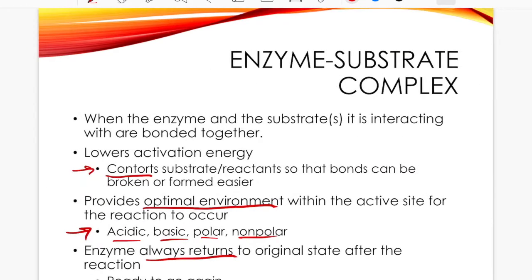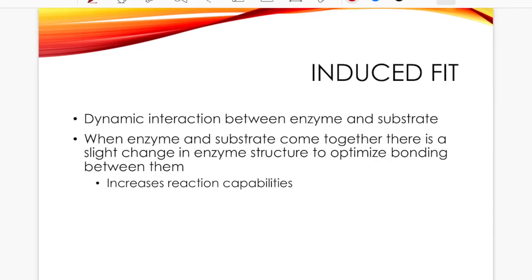Now, we talked here about how they can contort or change shape so that they can hold that substrate in better. And that is called the induced fit theory, or the induced fit hypothesis. It's kind of like an enzyme hug. That is the most simple way of explaining this.